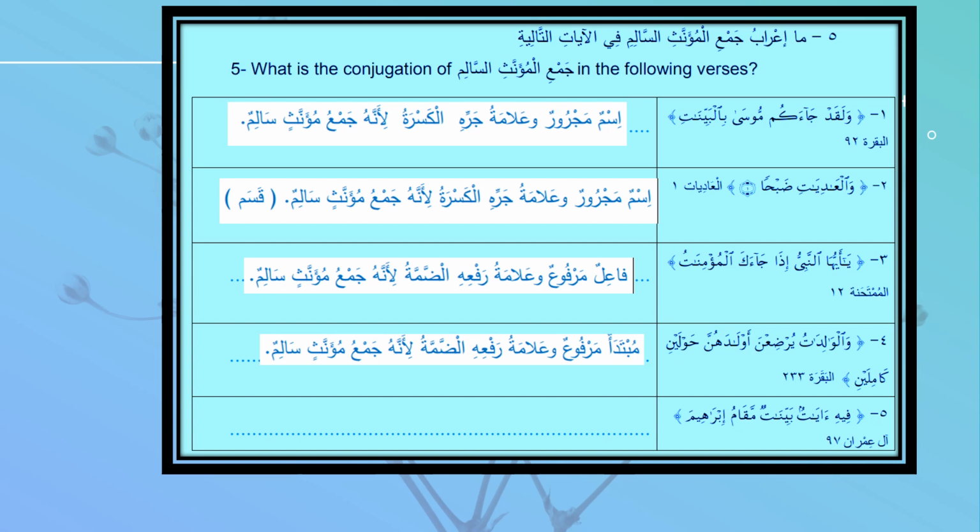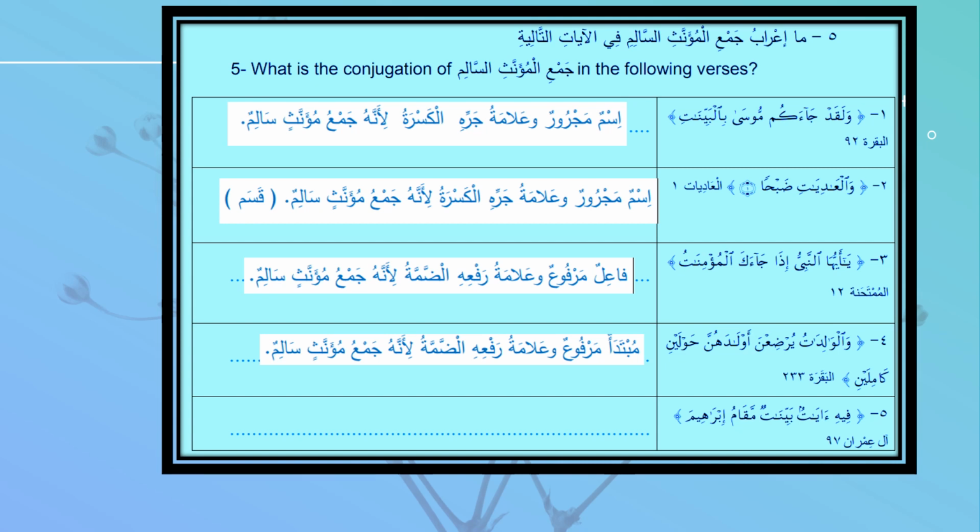And now number 5th, fihi ayatun bayyinatun maqamu Ibrahim. So the maqam Ibrahim is the ayah, sign, clear sign. Bayyinat, clear. So what kind of sentence do we have here? Shibh jumla. Shibh jumla is fihi. Ayatun bayyinatun is late mubtada.